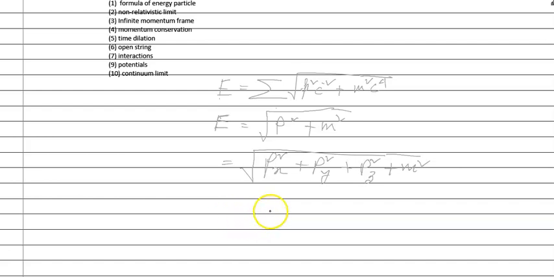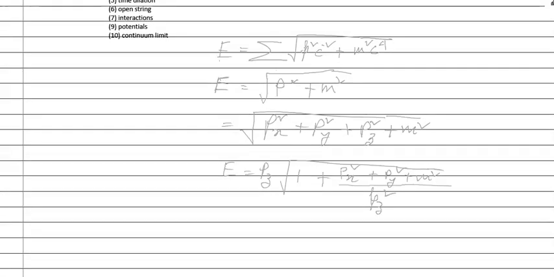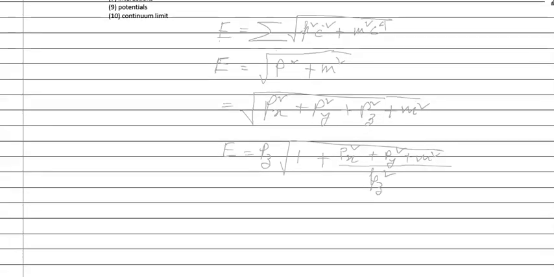So friends, E equals p_z times the square root of 1 plus (p_x squared plus p_y squared plus m squared) divided by p_z squared. p_z is on the outside.